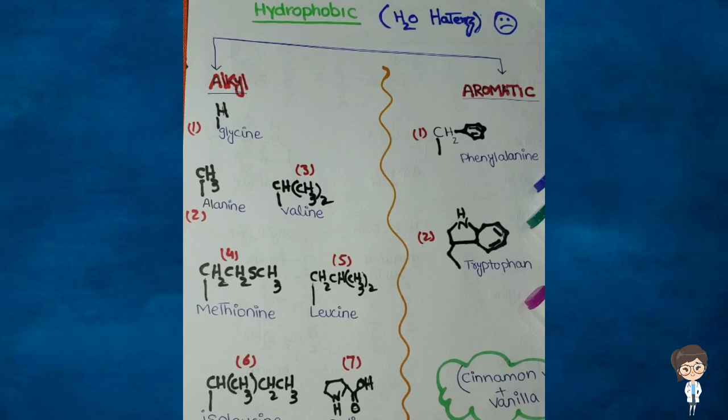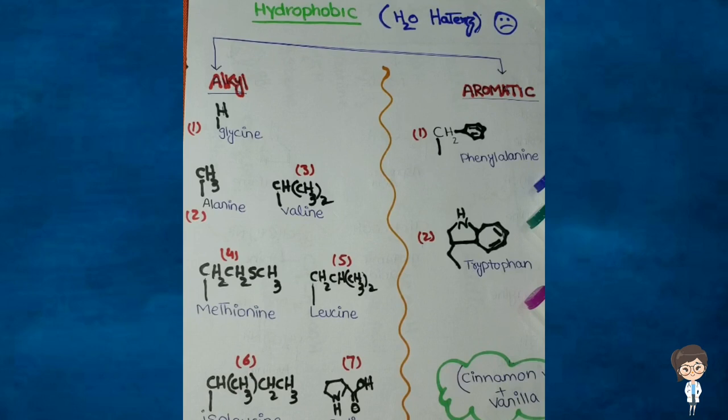We can see glycine, alanine, valine, methionine, leucine, isoleucine, and proline in the alkyl group. You can see that proline is an exception in the entire group because it shows a very interesting ring structure with the amino group.